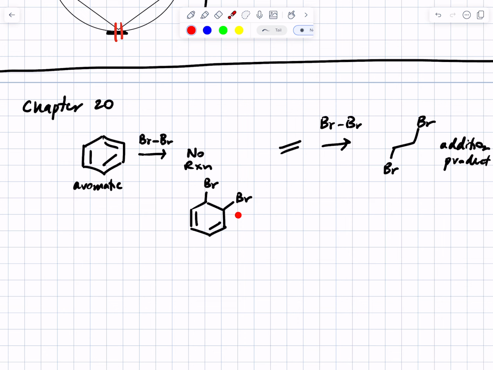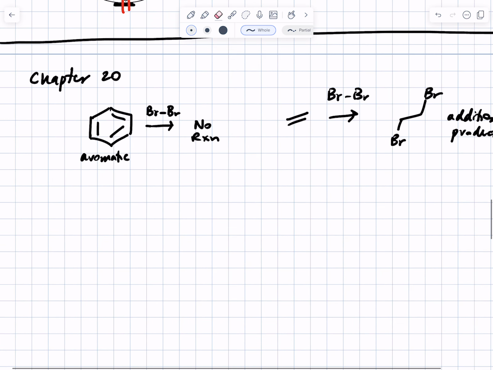Because it's no longer conjugated. So benzene doesn't want to do the addition chemistry that alkenes do, because doing so destroys aromaticity. Now it turns out that you can get benzene to react as a nucleophile.